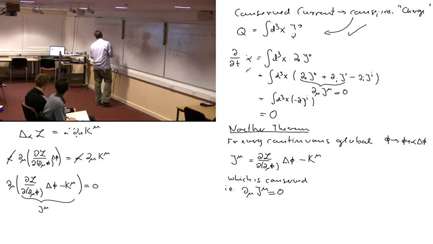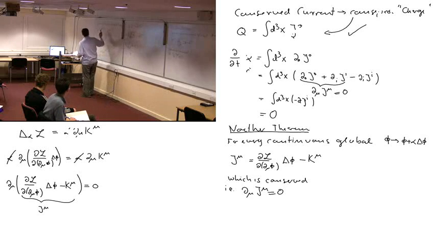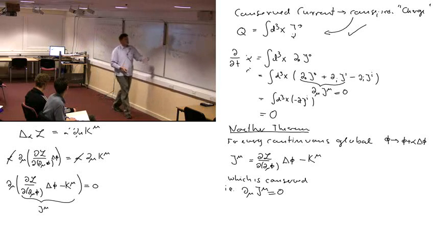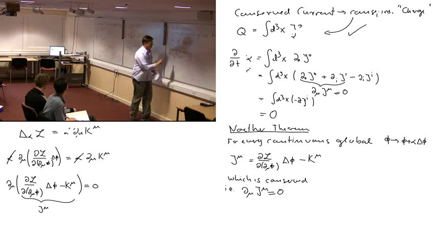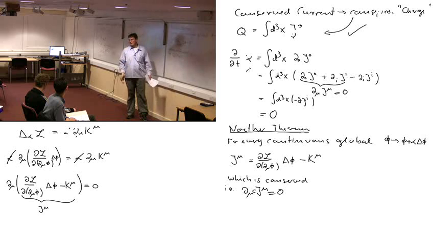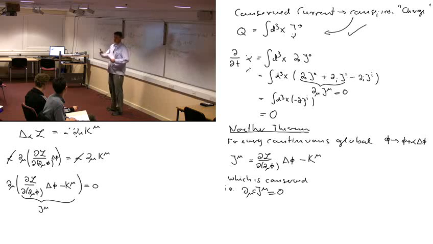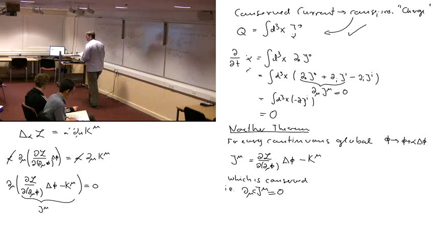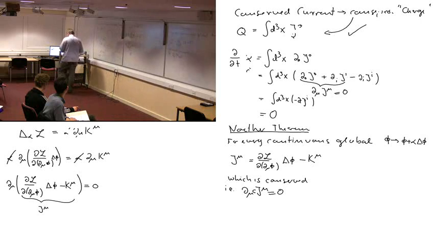Of course, and that should be noted, there can be any kind of constant in here, because our current is still conserved if I put a constant over here. So if I multiply by a constant, the current is still conserved. So any conserved current is only defined up to a multiplicative constant.